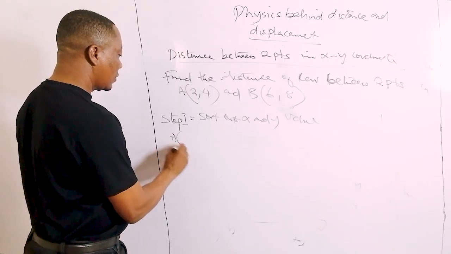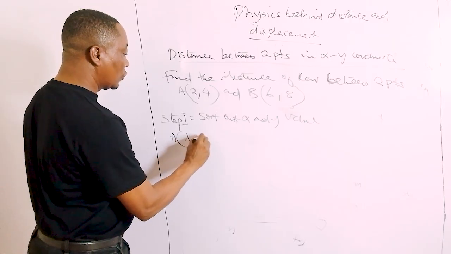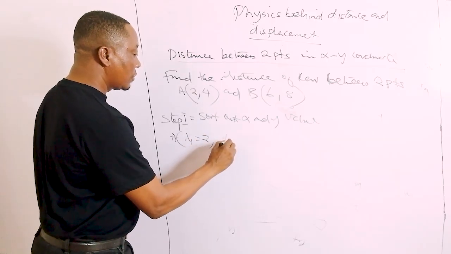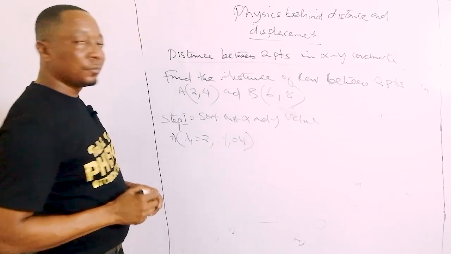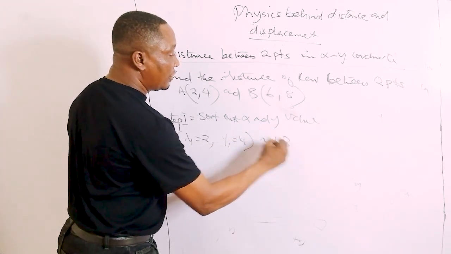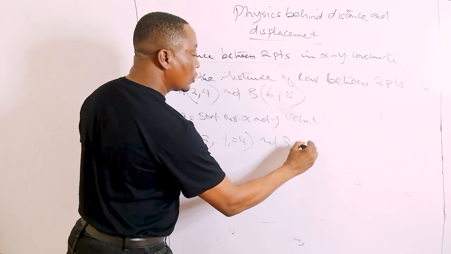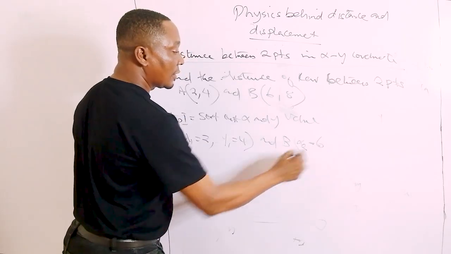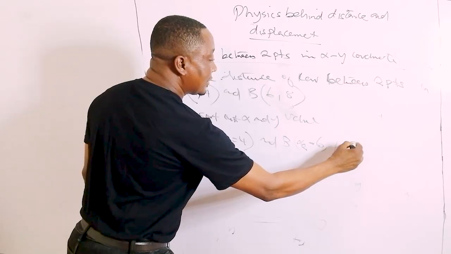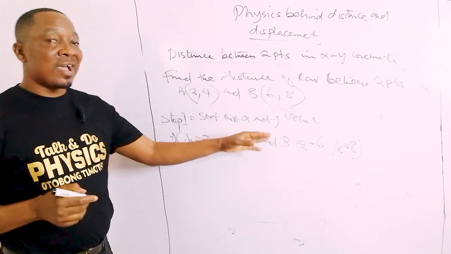At A, this is x1 equals 2 and y1 equals 4. And also at B, we have x2 equals 6 and y2 equals 8. That means you have been able to sort out the x and y values.